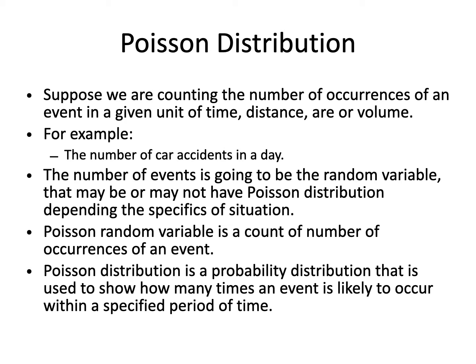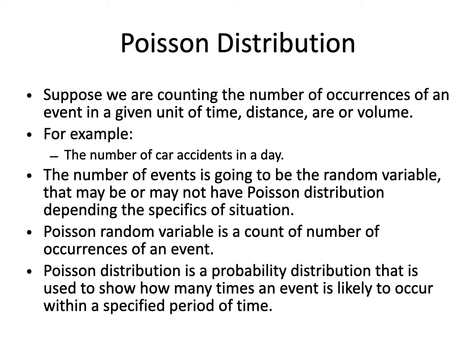If we are defining the variable in terms of time, this Poisson distribution is a probability distribution that can be used to show how many times an event is likely to occur within a specified period of time. In other words, it is a count distribution.